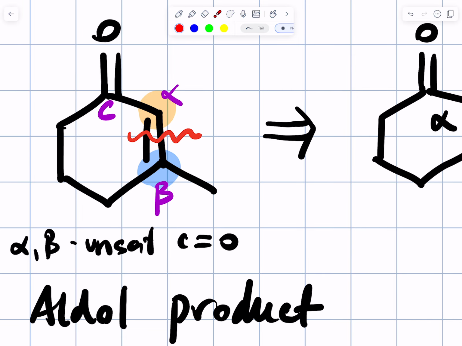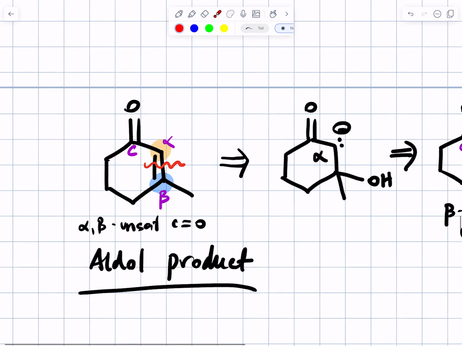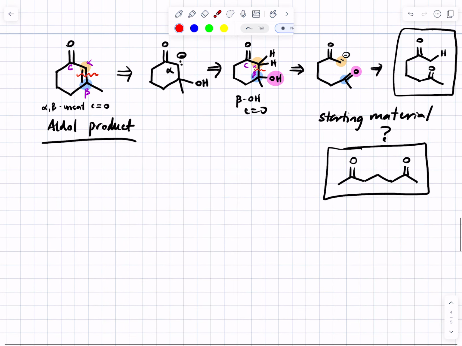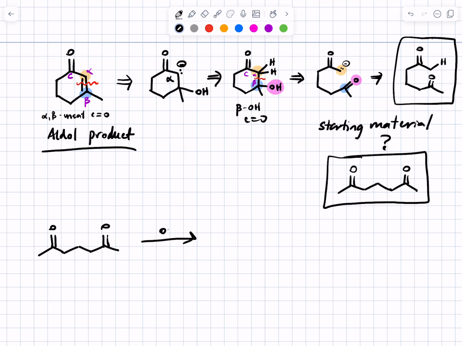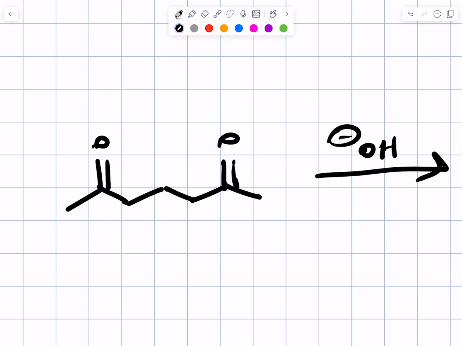Now, I told you it would get worse, and it's still going to get worse. Yay, you're so encouraged. And the reason for that is if you were thinking about using this 7-carbon ketone as a starting material, and you were like, do an aldol reaction to get a product, what question are you going to ask me?